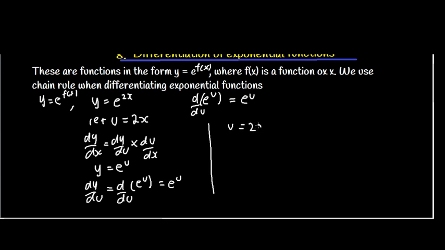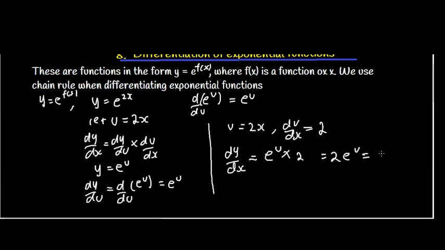We know that u equals 2x, so du/dx equals 2. We substitute into the chain rule formula, dy/dx equals dy/du times du/dx, which is e^u times 2. So we have 2e^u, which is the same as 2e^(2x).